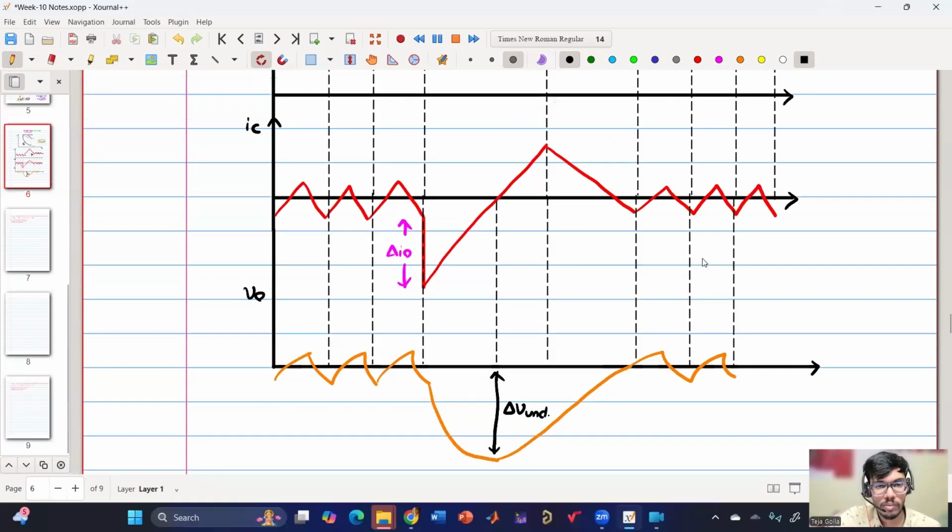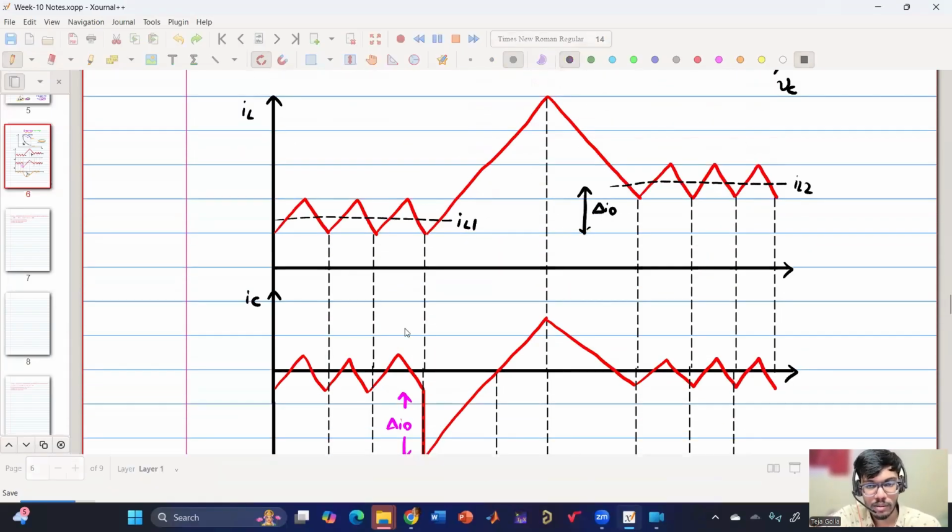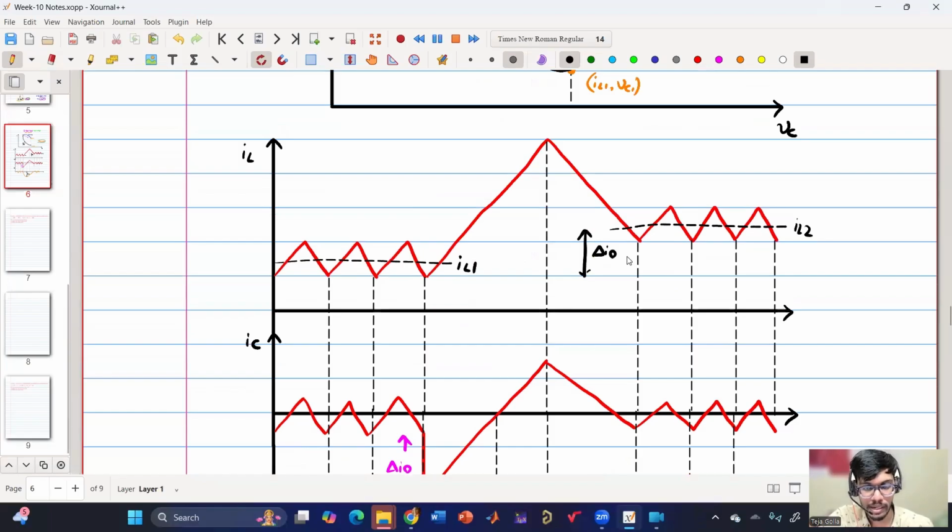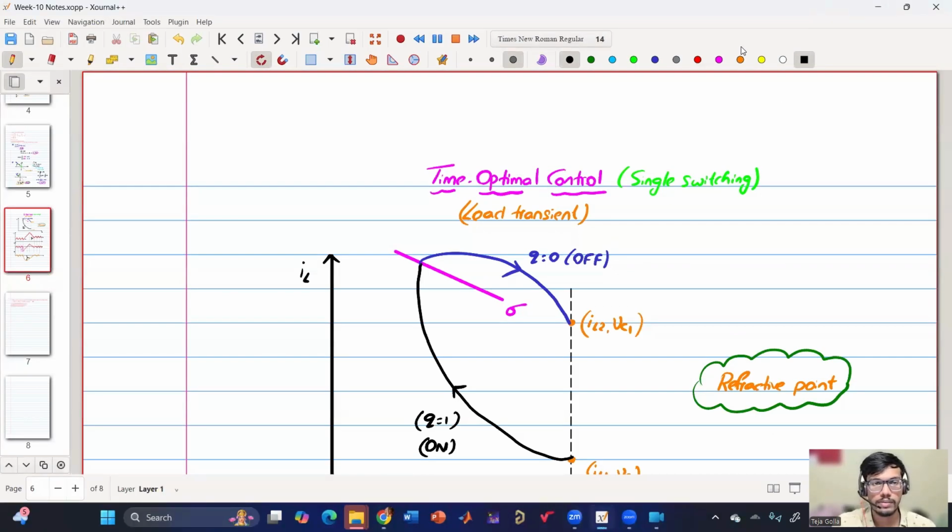Is this clear? Or maybe I'll explain once again. Do you have any doubts? Any doubts until this point? Can you see my screen?